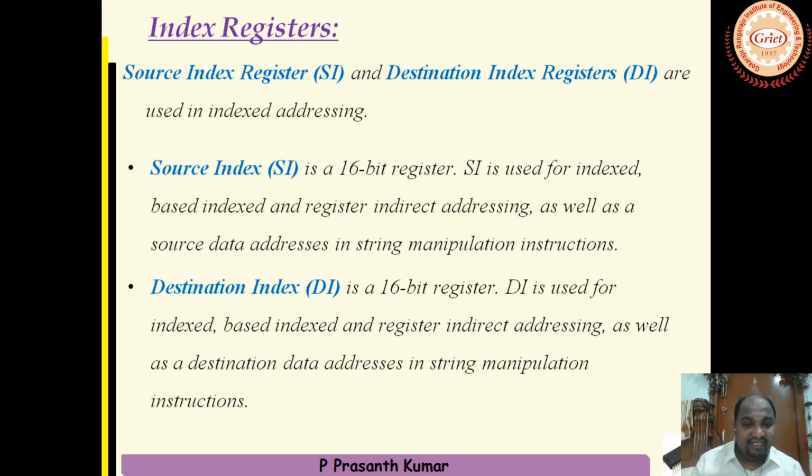Destination index is also a 16-bit register, and it is used for indexed, based indexed, and register indirect addressing modes, as well as destination data addresses in string manipulation instructions.